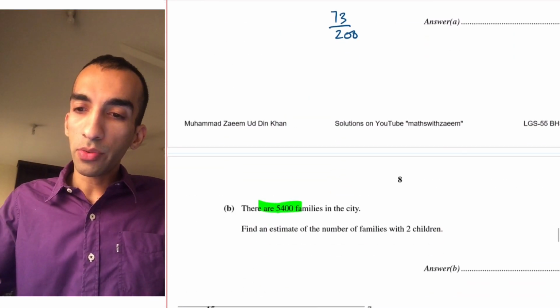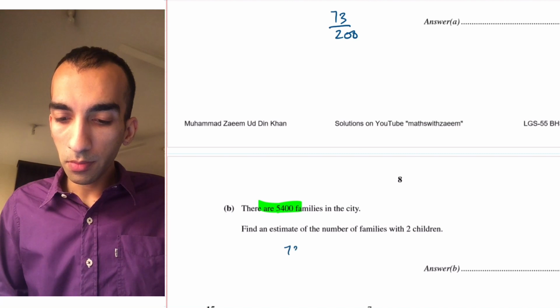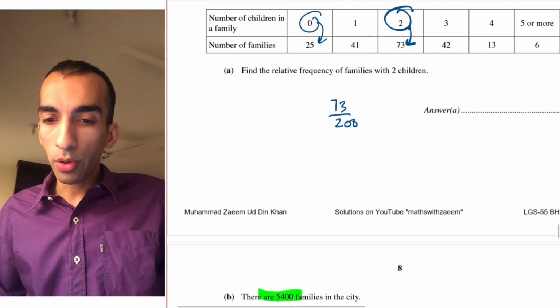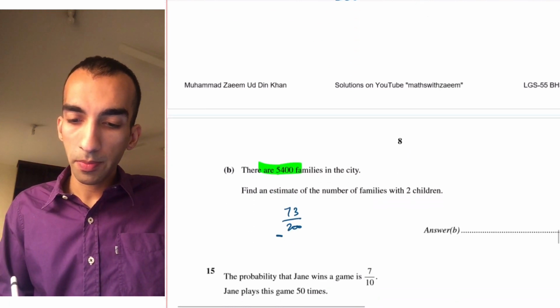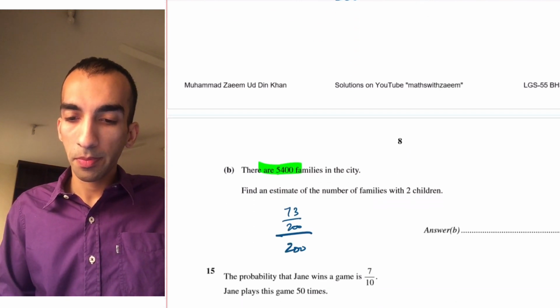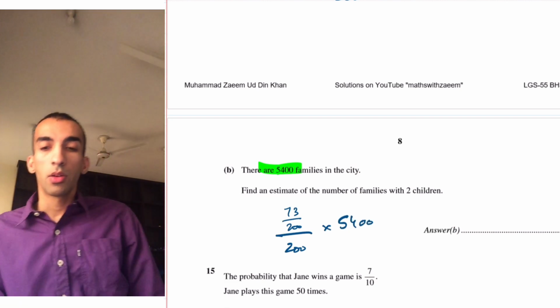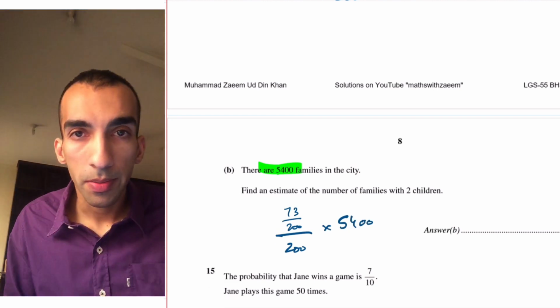If 73 out of 200 represents the probability for 200 families, if I multiply that with 5,400, would I end up with the correct number?